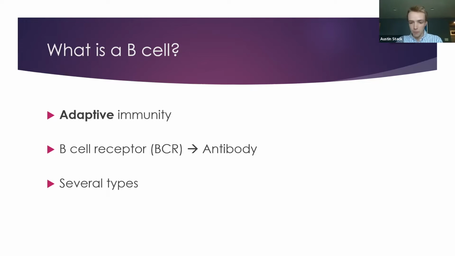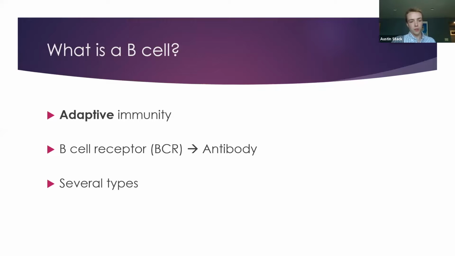And it will remember this picture and be ready for the next time it sees that pathogen. And that process can take a full week or two before the adaptive immune system mounts an effective response against the initial infection. But later on, it will be ready immediately from the moment it sees that picture again.